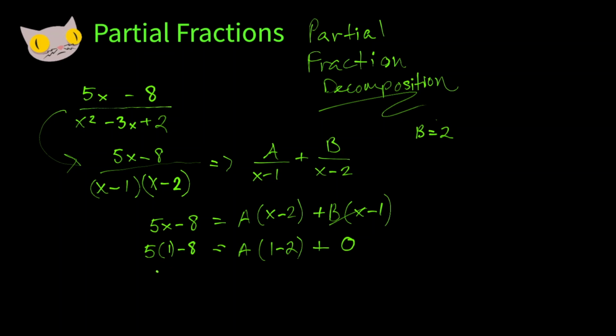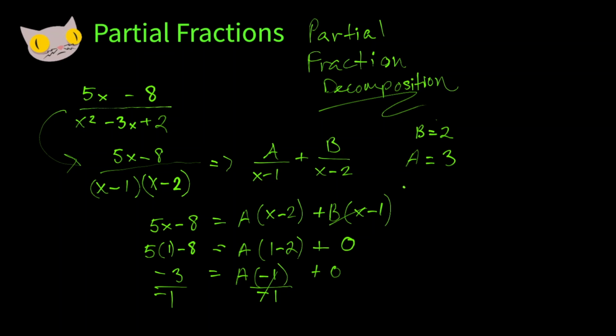We get negative 3 is equal to A times negative 1 plus 0. Keep the 0 here just so that we don't lose our place and we stay more organized. Now let's divide this out. And we find that A is equal to positive 3. Negative 3 divided by negative 1 is just positive 3.